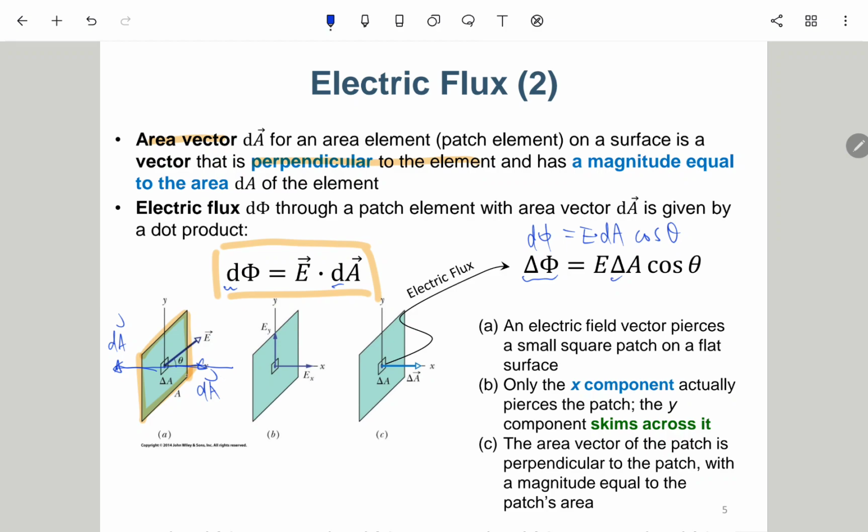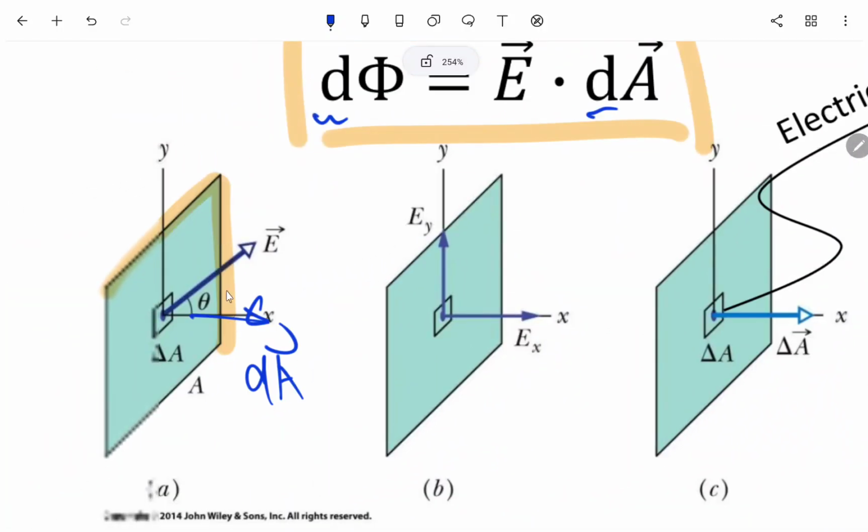Okay, so in this figure we consider dA is pointing to the right side. In such a way, E and dA can be dotted, two vectors dotted to be a scalar. So it is the magnitude of E times the magnitude of dA, and then times cosine of theta. Theta is the angle between E and dA.